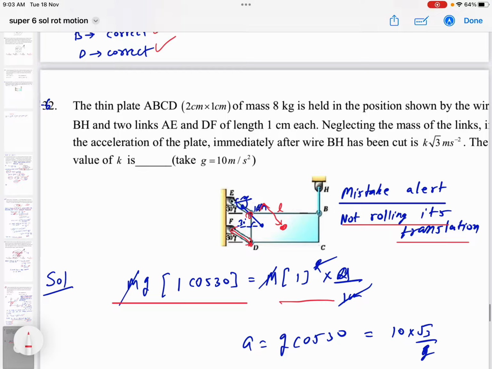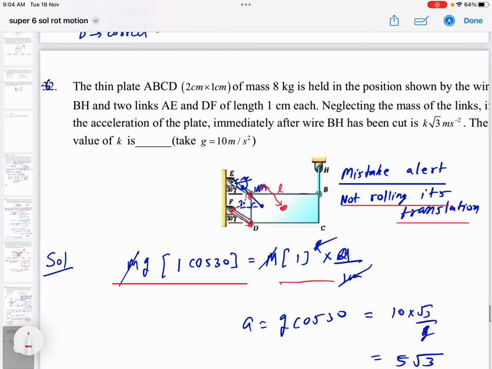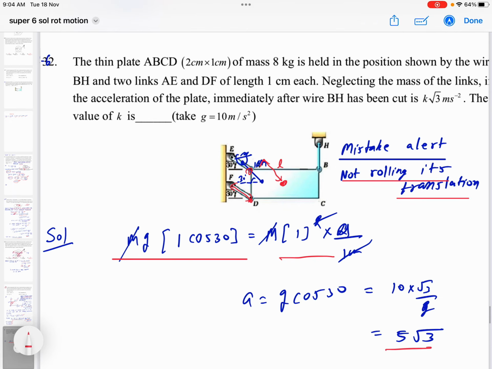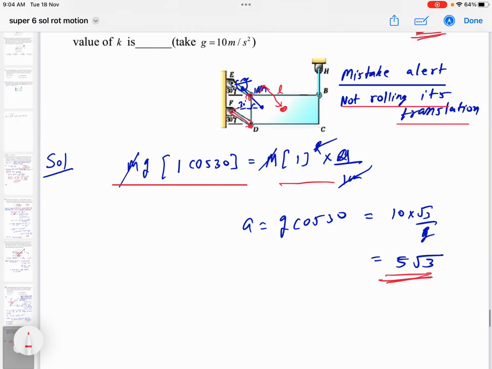Moment of inertia here again, we do not have to apply any moment of inertia formula for a plate. Simple, it's like a point mass going to rotate in a circle with radius equal to the same length. So net torque is equal to I alpha. Alpha is a upon r, so a is g cos 30, so 5 root 3, right? If you compare, you are getting the value of K as 5, right?